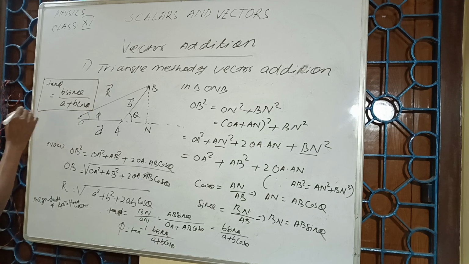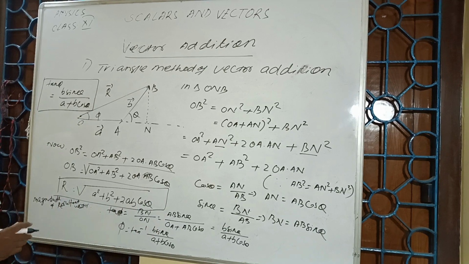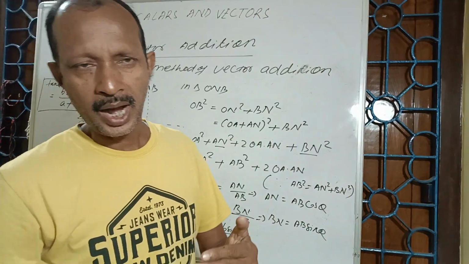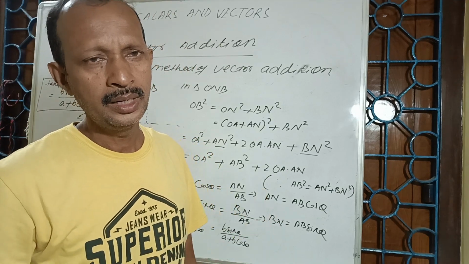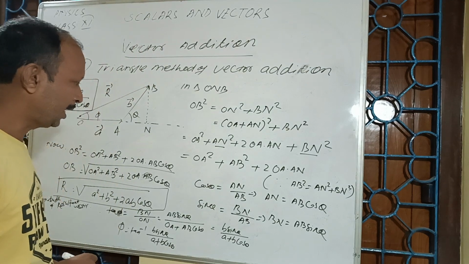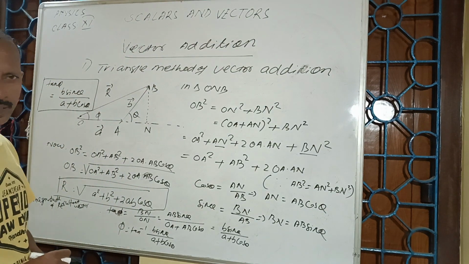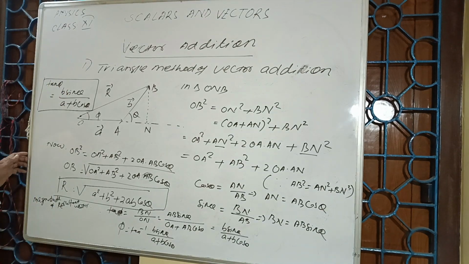This is about the direction, and this is about the magnitude of the vector according to the triangle law or triangle method of vector addition. I hope that this concept might be crystal clear for you. So I'm expecting you might have copied it.